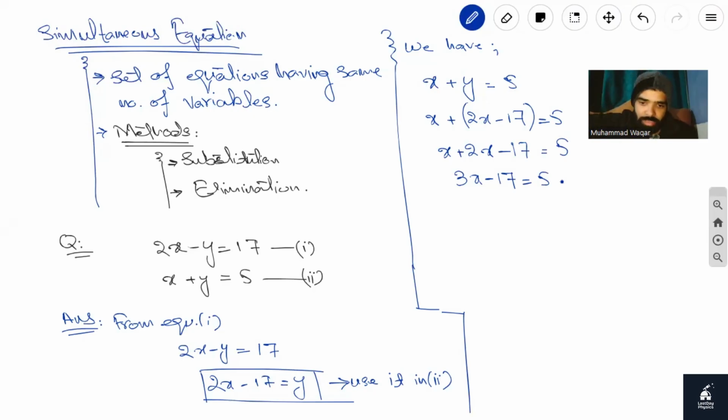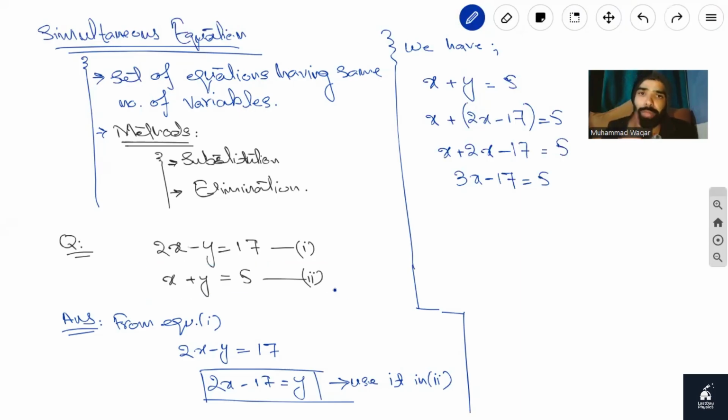Now we take the 17 to the other side, and this way we find the exact value of x. Because now we have an equation only in x, we can find x. After that, we will find the y value as well. Those values of x and y will be the solutions for both these equations.